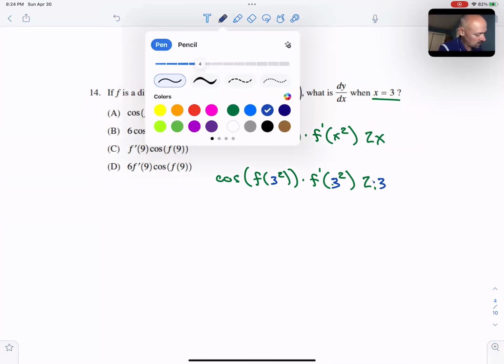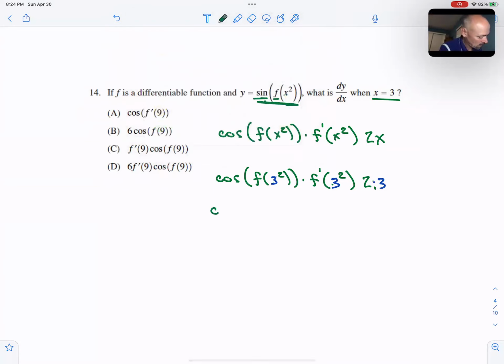And then a little simplifying. We're going to have cosine of f at 9 times f prime at 9 times 6. So D it is. All right, that was delightful.